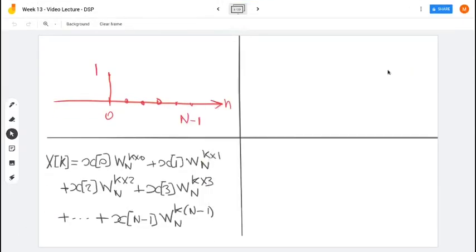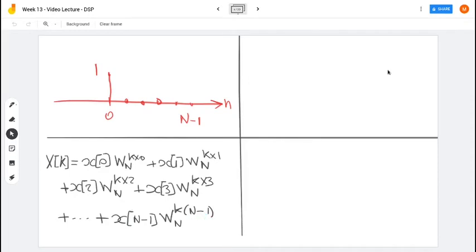So x of k would be equal to x of 0 times wn to the power k times 0 plus x of 1 times wn to the power k times 1 plus x of 2 times wn to the power k times 2, and so on until we reach the last term x of n capital minus 1 wn to the power k times n minus 1.